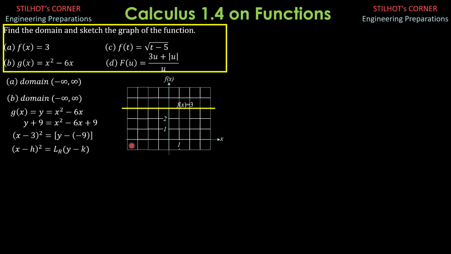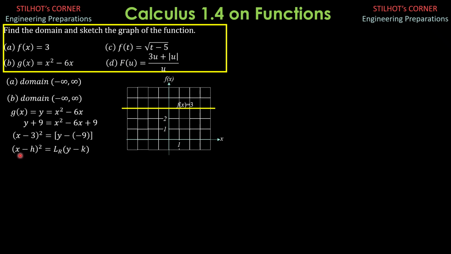So it is open upward. There are two values of x, so left and right. So that's why it is either open up or open down. But because the sign is positive, latus rectum is always positive, of course. So the sign in the right side is positive. It means that it is open upward.